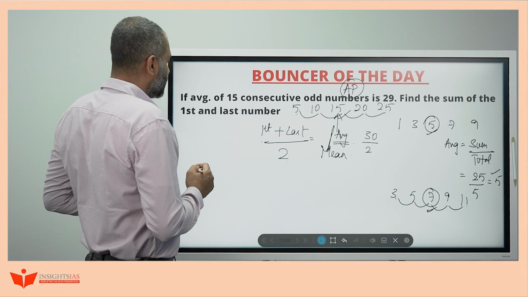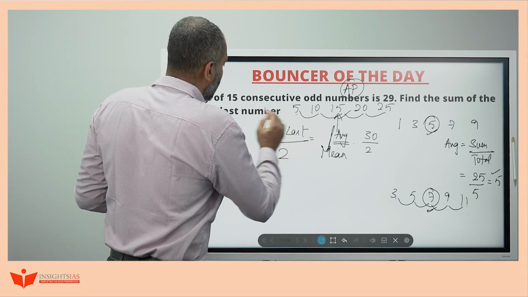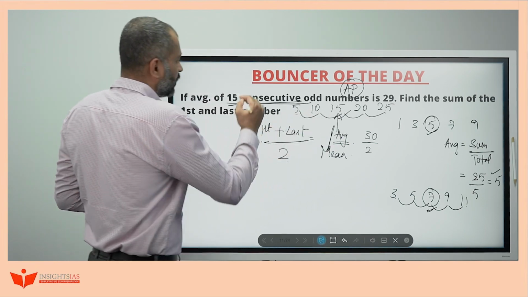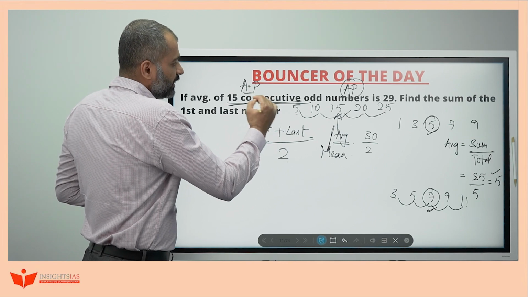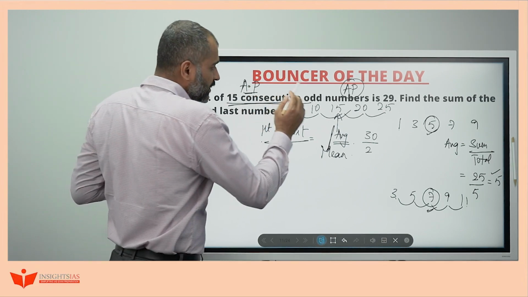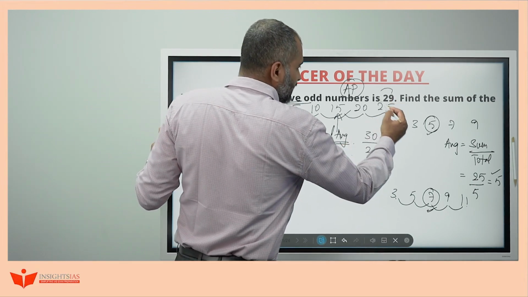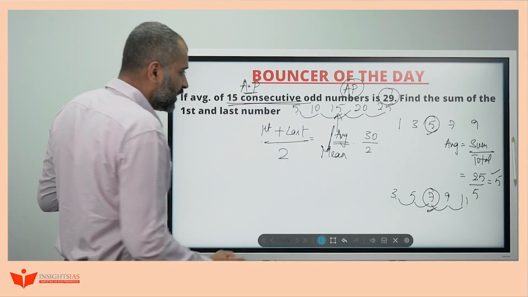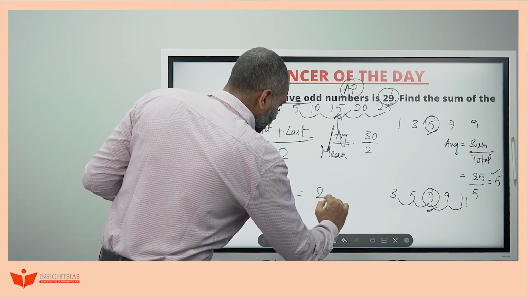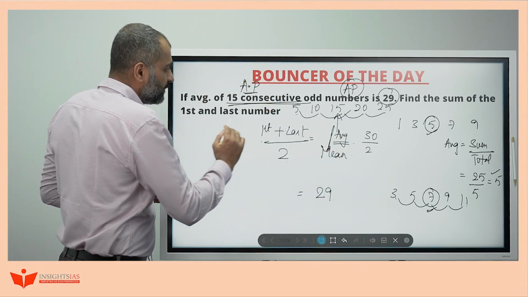According to the question, the average of 15 consecutive odd numbers means they are in arithmetic progression. For example, 1, 3, 5, 7, 9, 11. And their average, the mid value, is 29. The average is given as 29 and he is asking for the sum of the first and the last number.